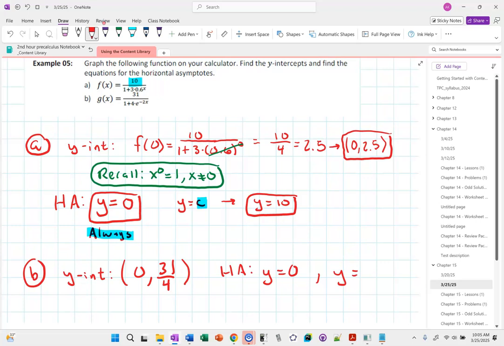And the other one should be y equals c. The c is 31.